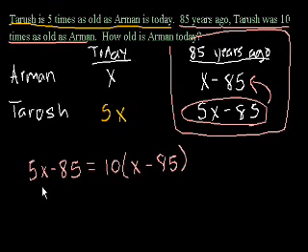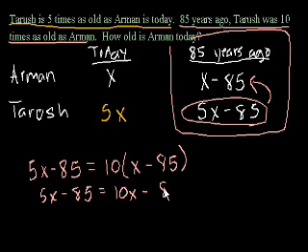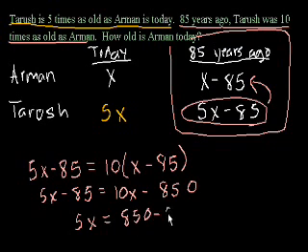Now we just solve the equation. You get 5x minus 85 is equal to 10x minus 850. And then you get, and I'm going to skip some steps just to confuse you. 5x is equal to, well, I think I just confused myself. 5x is equal to 850 minus 85.